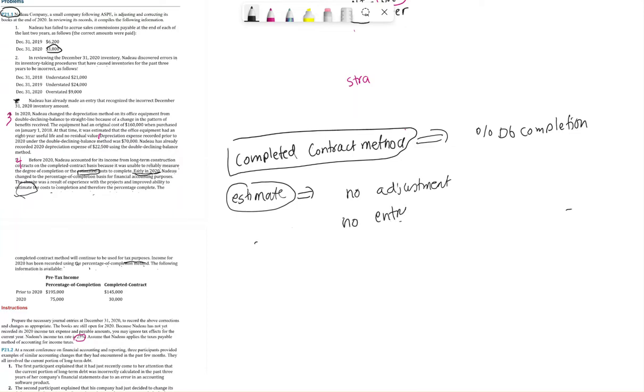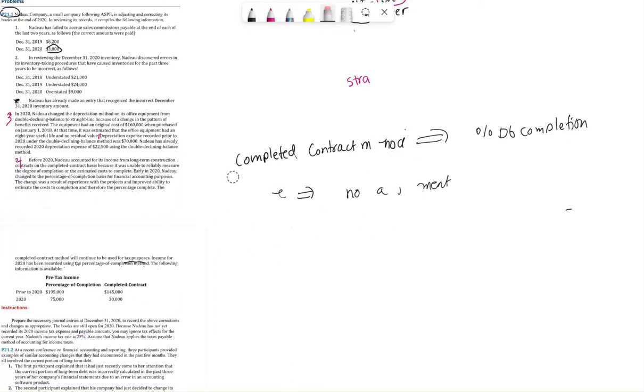They decided to do this in early 2020 because they wanted to improve the ability to estimate the cost better. So it is a change in estimate. In this case, it's not a change in policy, it is a change in estimate.